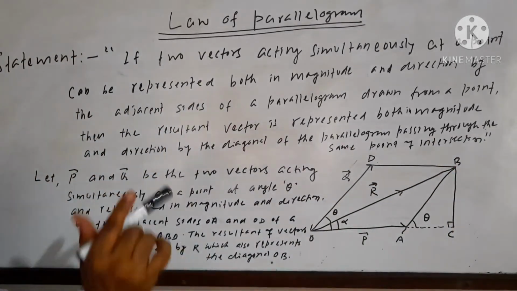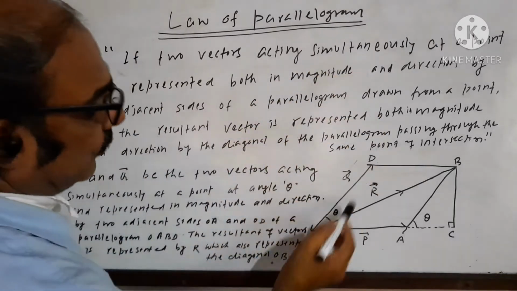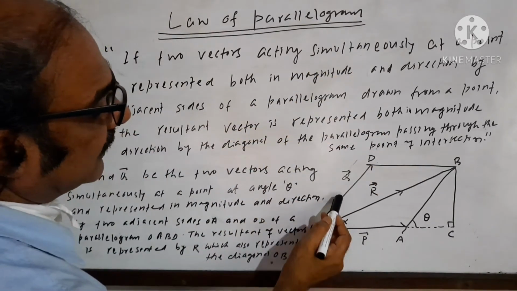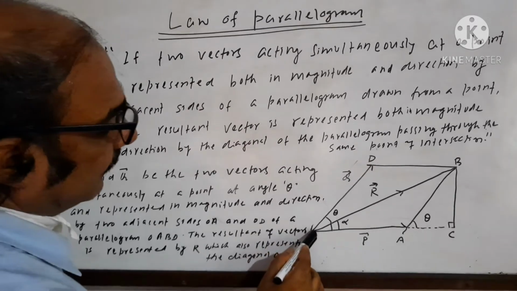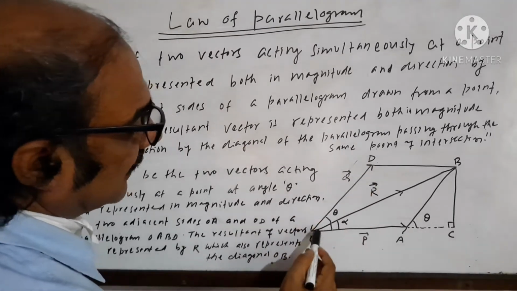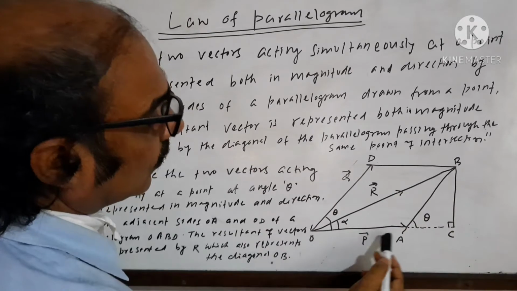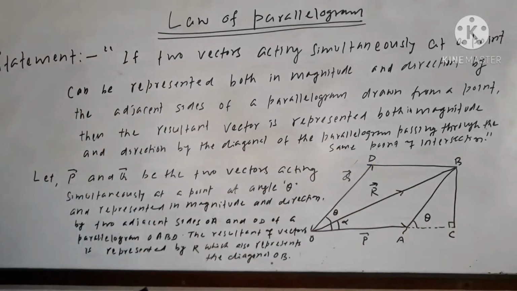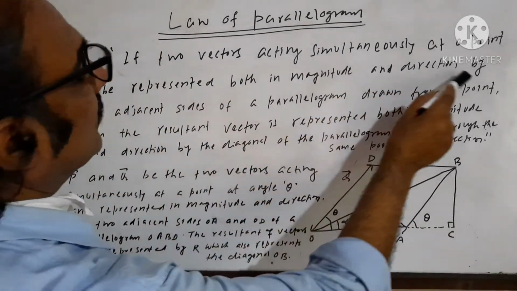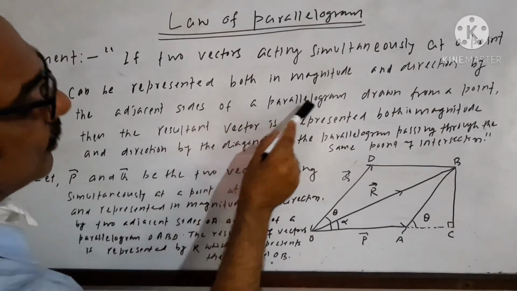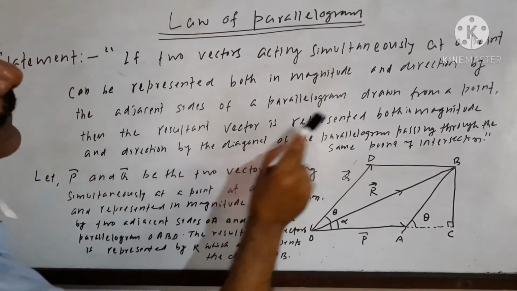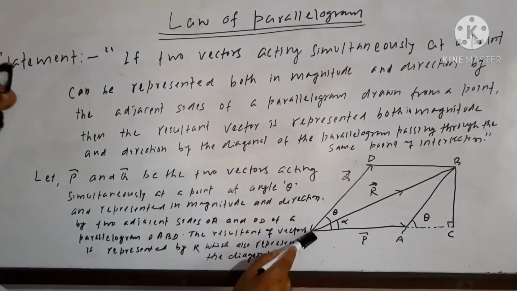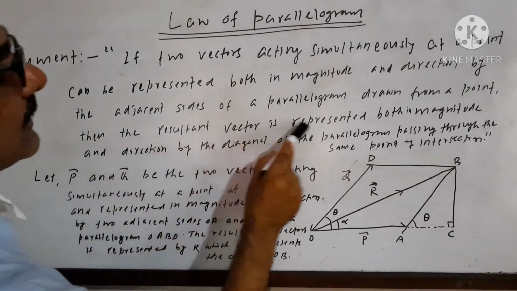So it means two vectors acting at a point like O, the vectors P and Q, are inclined at angle theta. With the help of these two vectors, we have to complete a parallelogram like OABD. So the magnitude and direction are given by the adjacent sides of the parallelogram, one side OA and another side OD, drawn from a point like O. Then the resultant vector is represented.